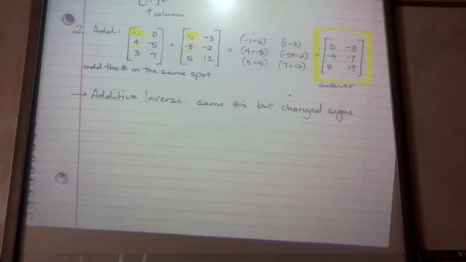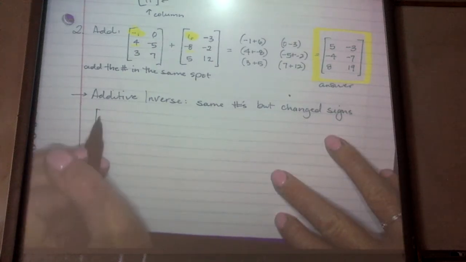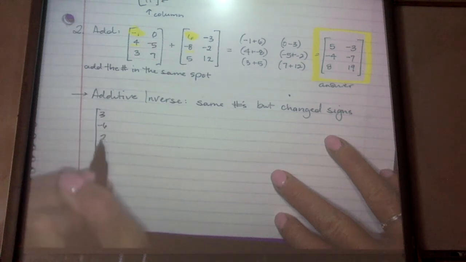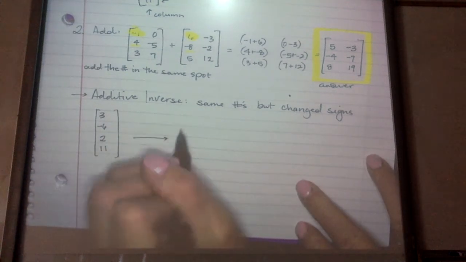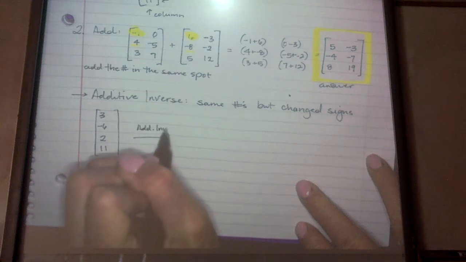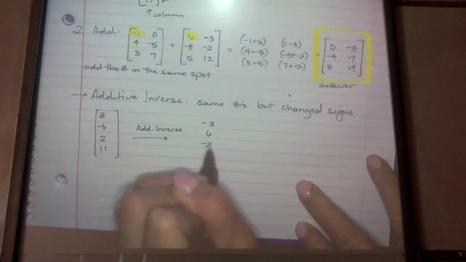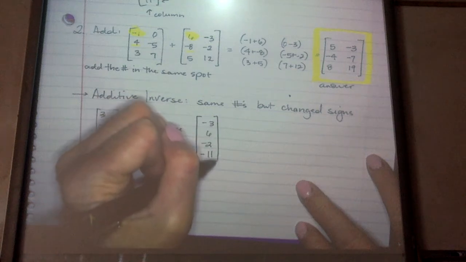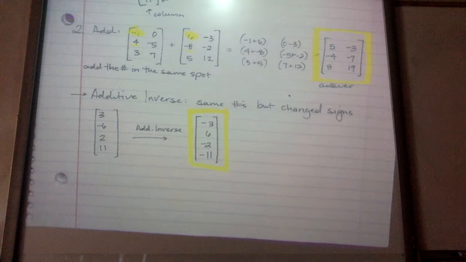So, if I said, what is the additive inverse of 3, -6, 2, 11? The additive inverse would be -3, +6, -2, -11. You would simply just change the sign of all four, and that would be your answer. Okay?